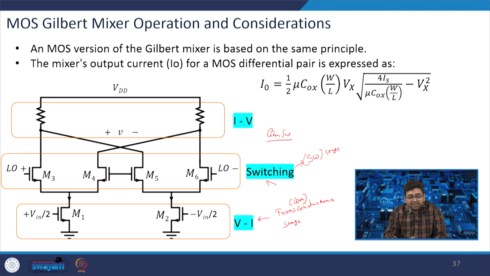This is the MOS version, and your I out, IO current in this case, is 1 half mu n Cox W by L Vx into the square root of 4 Is by mu Cox W by L minus Vx square. So, this is going to square the input.